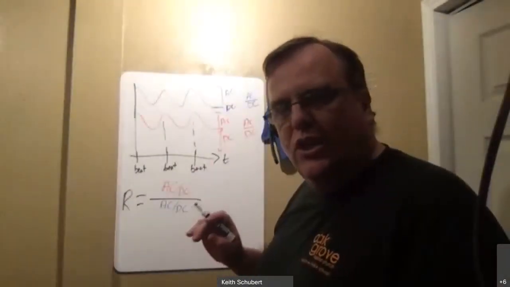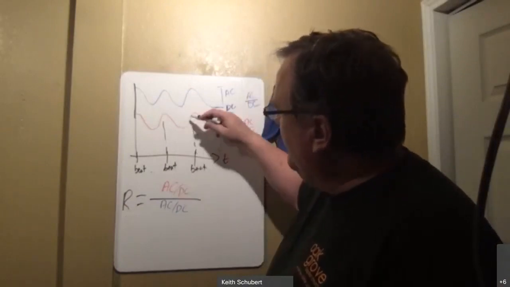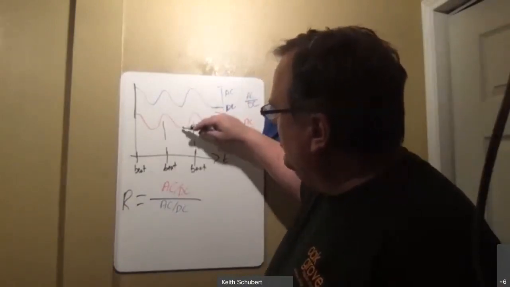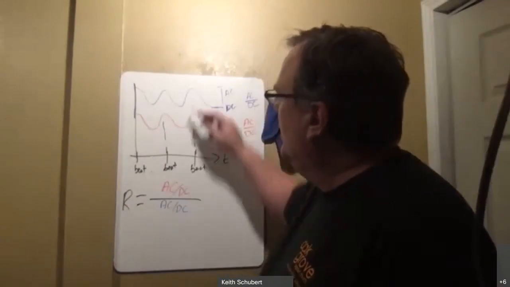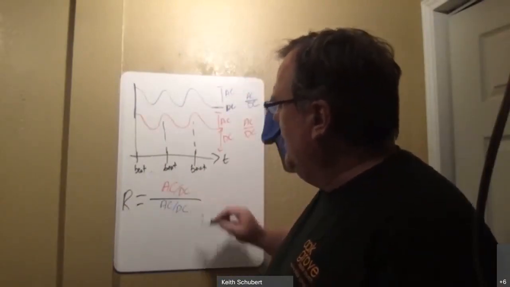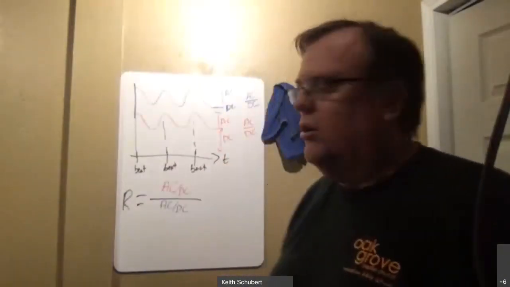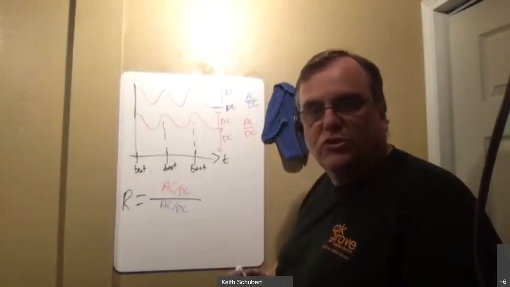So this is the ratio of how much of the red variation over the red bias, divided by the variation in the blue over its bias. And we're assuming the variation is basically caused by the heart. You should see these regular pulses.